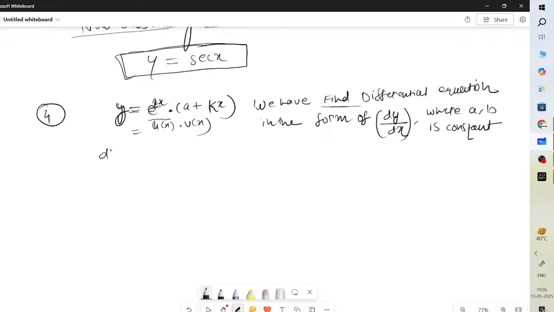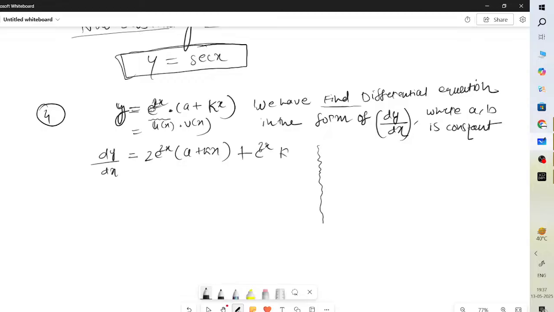Okay, so we take dy by dx. We are differentiating the first part, so we get 2 into e to the 2x, a plus kx. Now we are differentiating the second component and writing the other component as it is, so we get k.